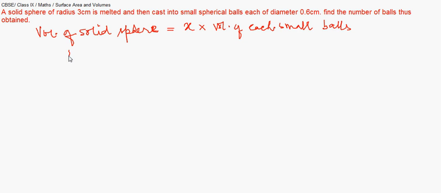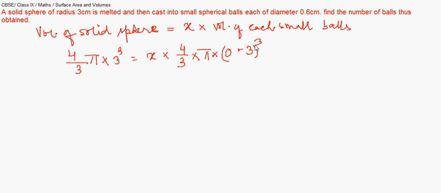Now what is the volume of the solid sphere? It will be 4 by 3 pi, and the r is given to be 3, so it is 3 cube. On the other hand, it is x into 4 by 3, pi will remain as it is, and r becomes 0.6 by 2, that is 0.3 whole cube. This gets cancelled.